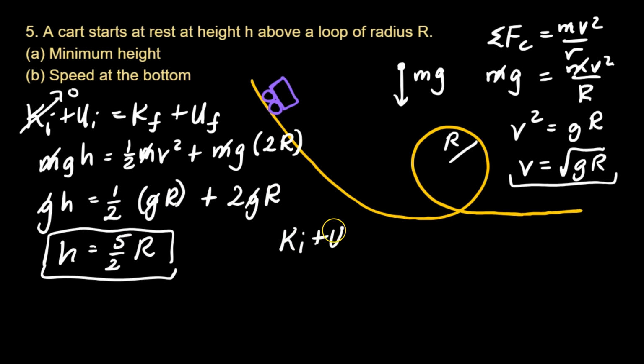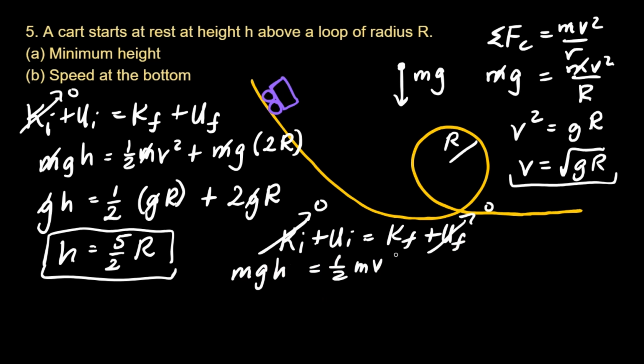To calculate the speed at the bottom, we'll once again use the conservation of mechanical energy. This time, the initial kinetic energy is 0, same as before, but for the final situation, the potential energy will be set to 0 because we're looking for the speed at the bottom, and we're setting the bottom of the roller coaster to be height equals 0.